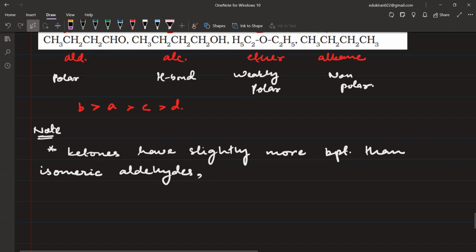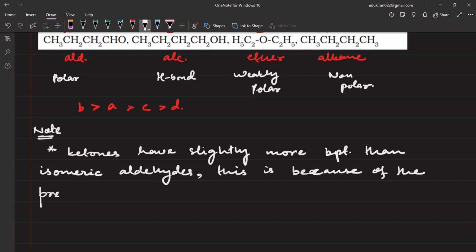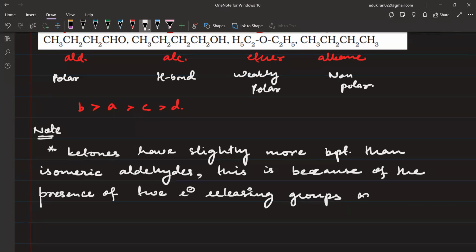This is because of the presence of two electron releasing groups around the carbonyl carbon in ketones.